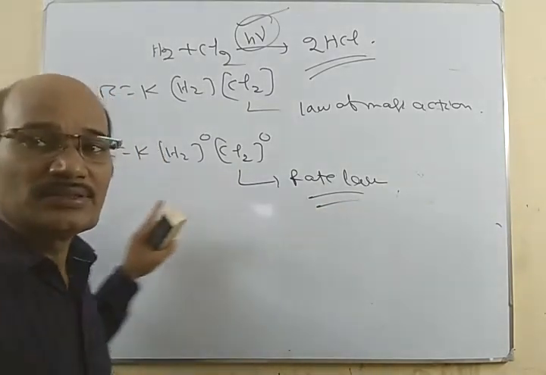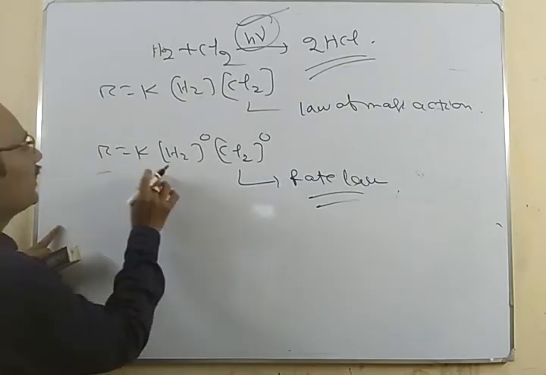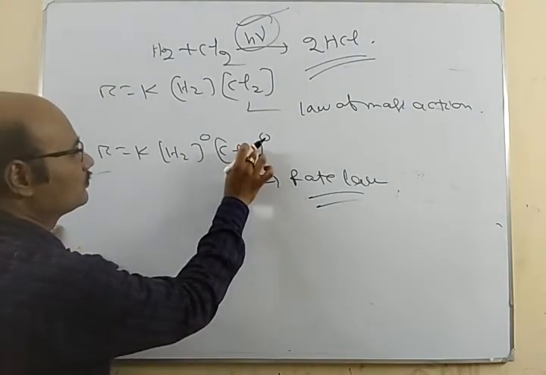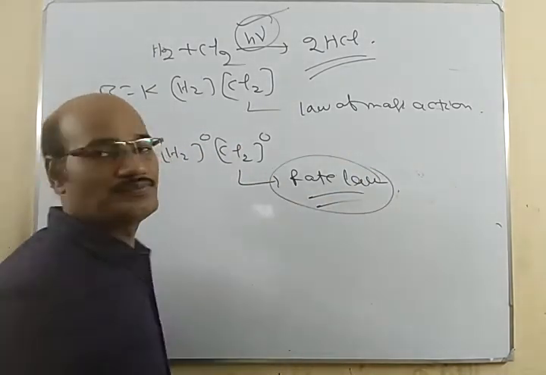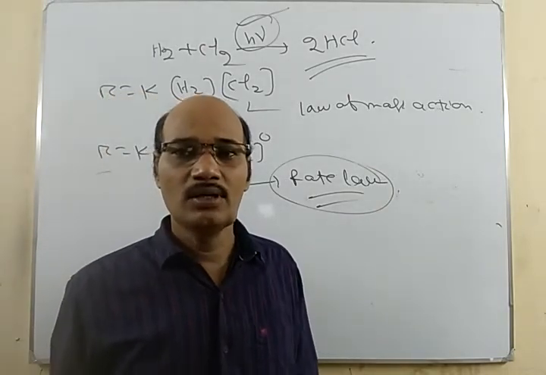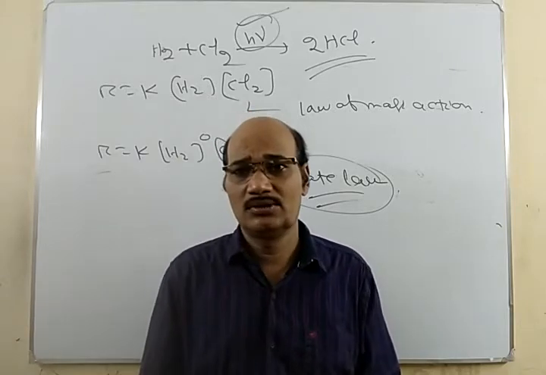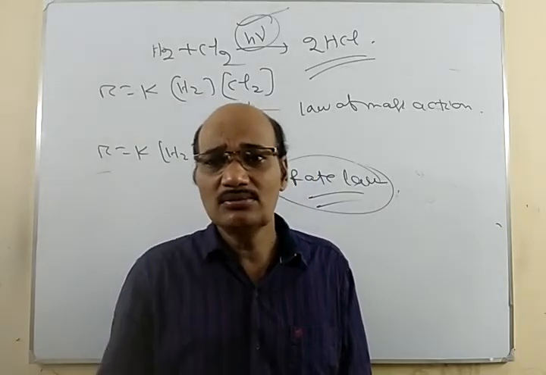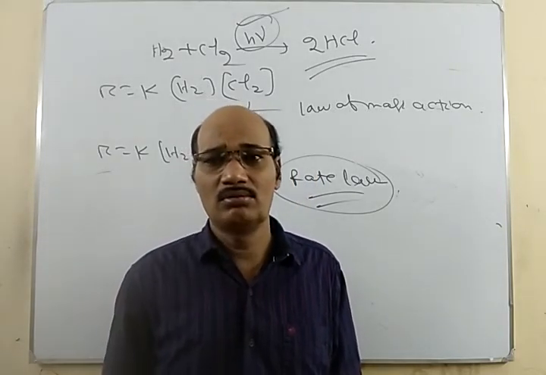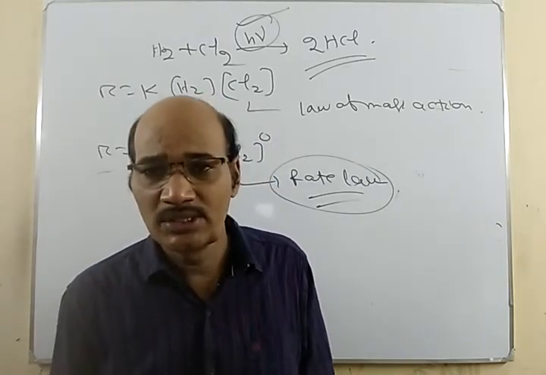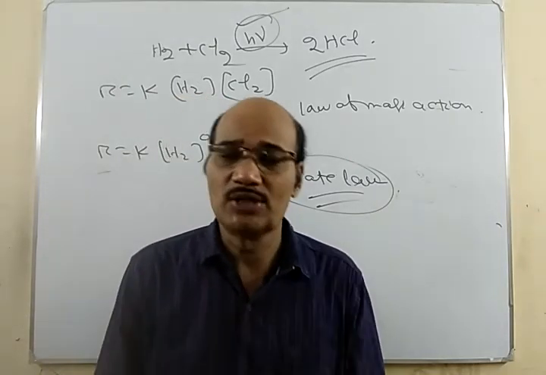So R equal to K [H2]^0 [Cl2]^0. This is called the rate law. So sometimes for a particular reaction, the law of mass action and the rate law are the same. Sometimes it is different also.